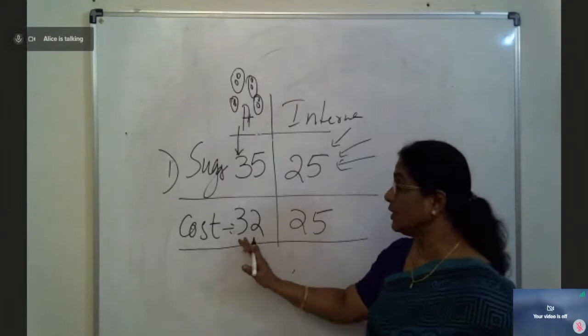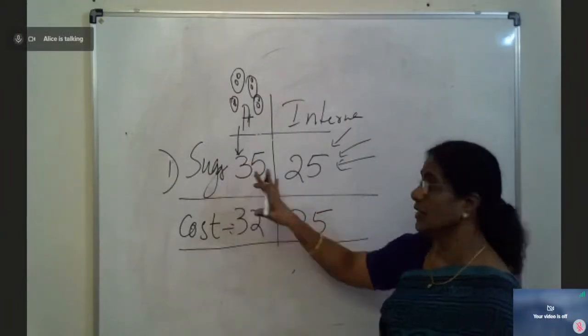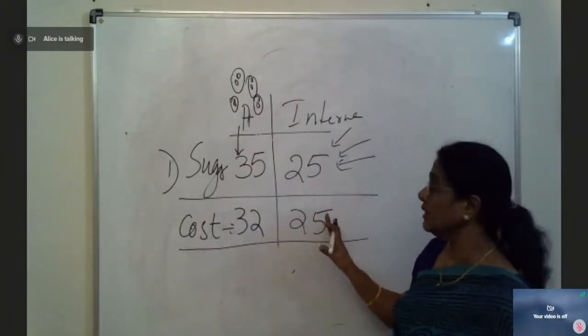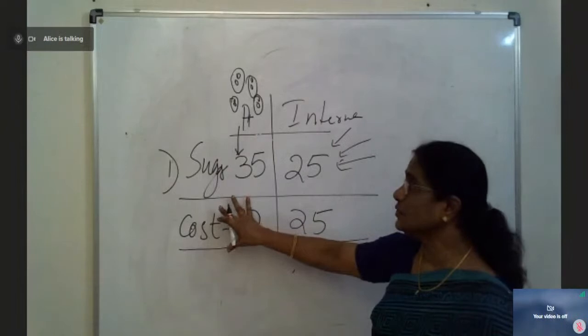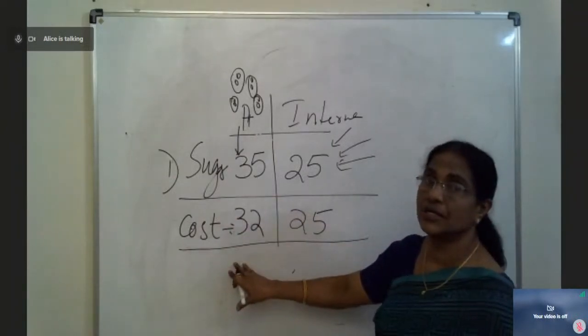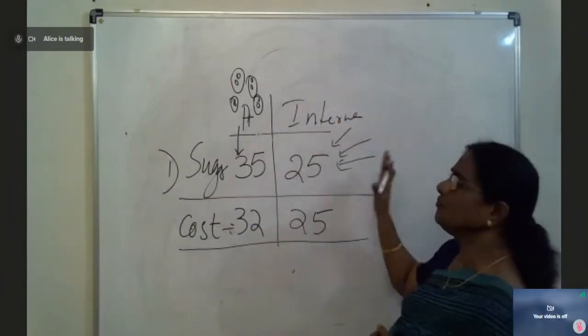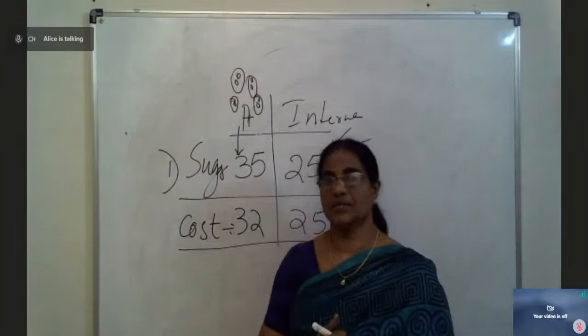Here you are selling at 35, so of course you get profit here. But you will have excess sugar. If you keep all the excess sugar here, the price of sugar will come down to 22 rupees here. So better you offload the sugar at a lower price to another place.